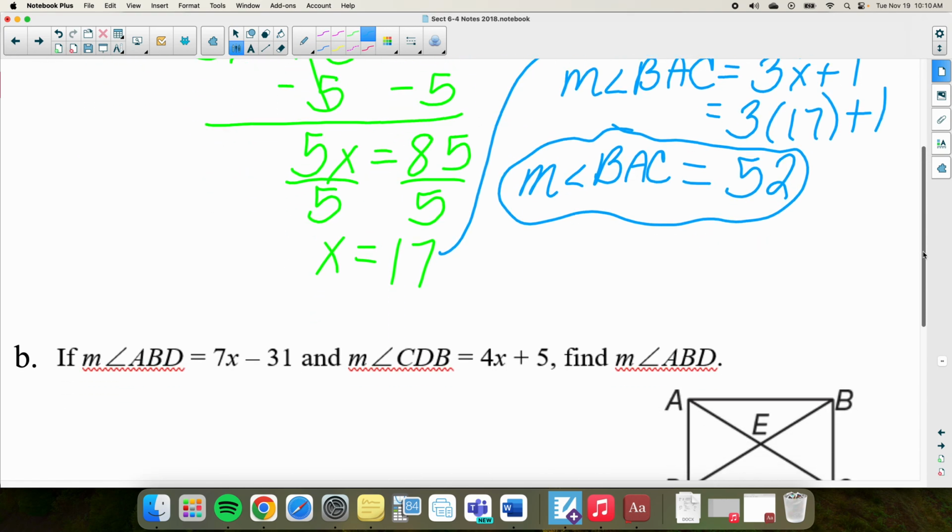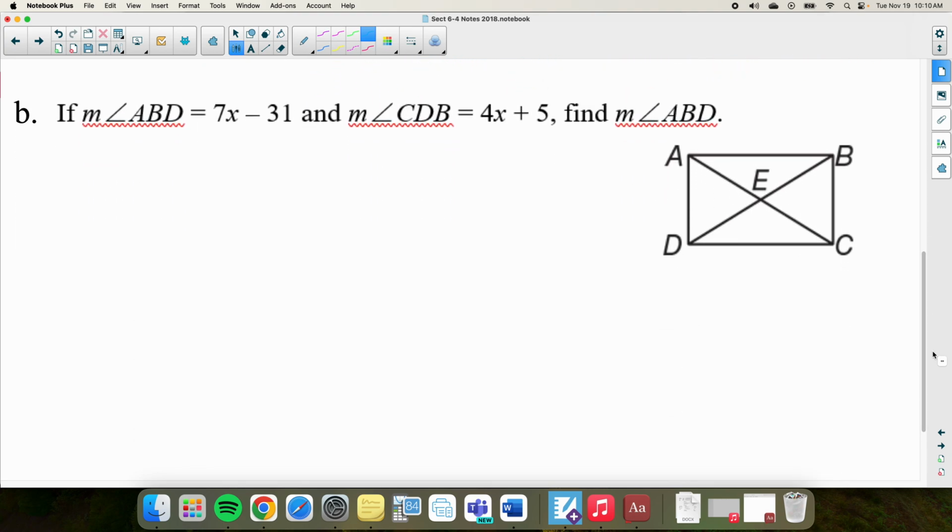Okay. Now let's look at this one. It says the measure of angle ABD right here is 7x minus 31, and CDB right here is 4x plus 5.